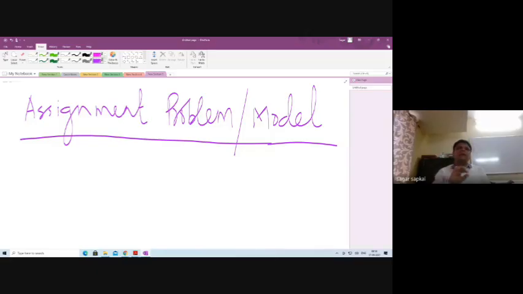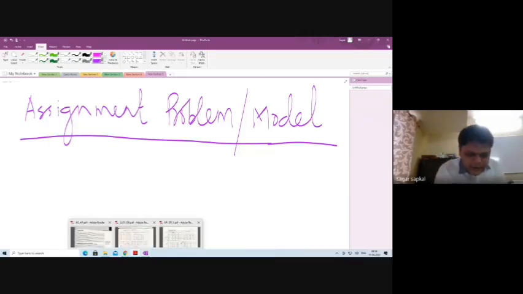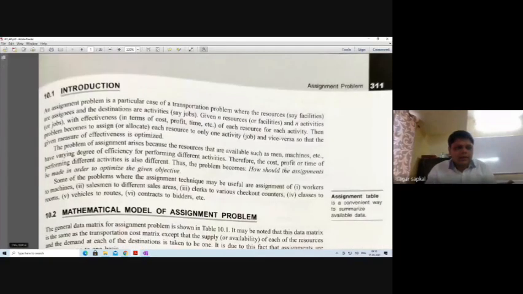So there is a little bit of difference between assignment and transportation problem. Assignment is a special case of transportation problem where the resources, also called facilities, are nothing but the assignees, and the destinations are activities called jobs.